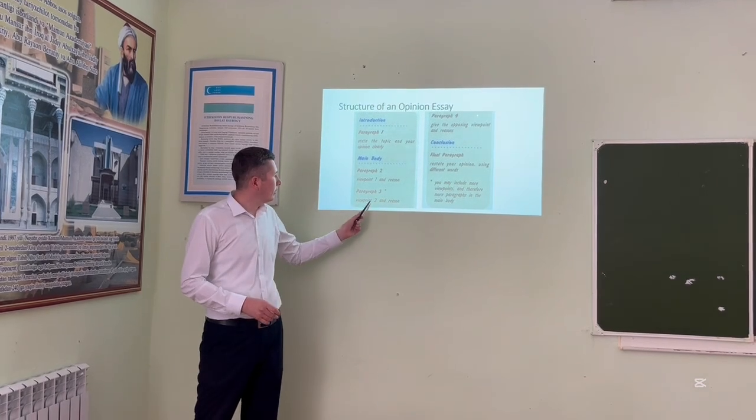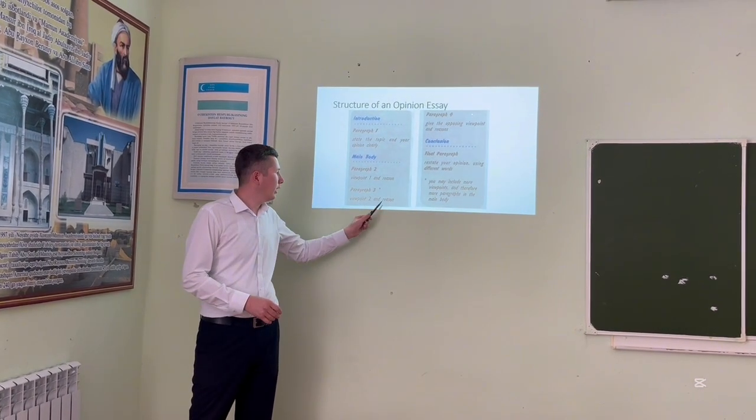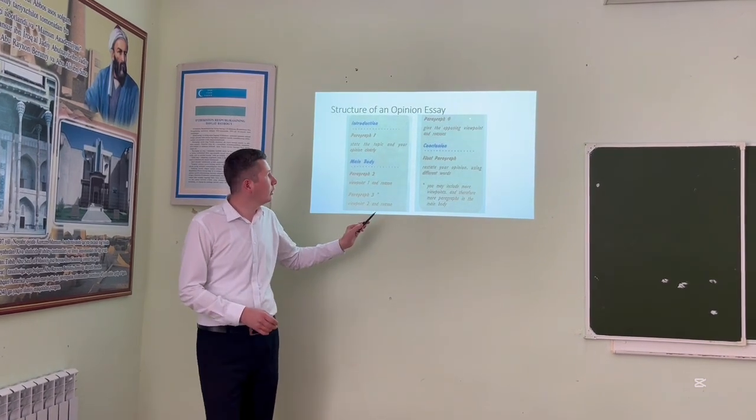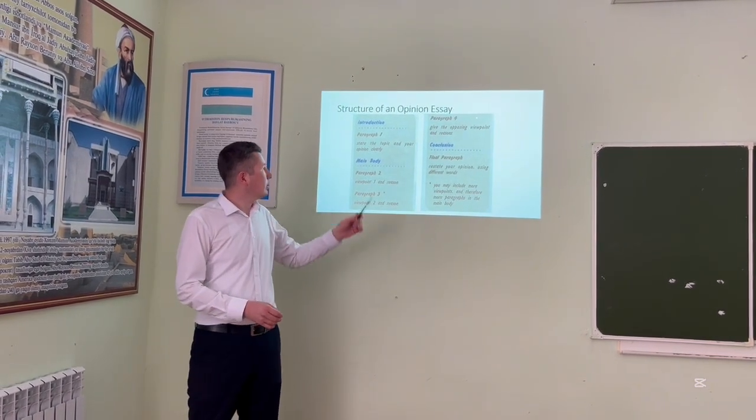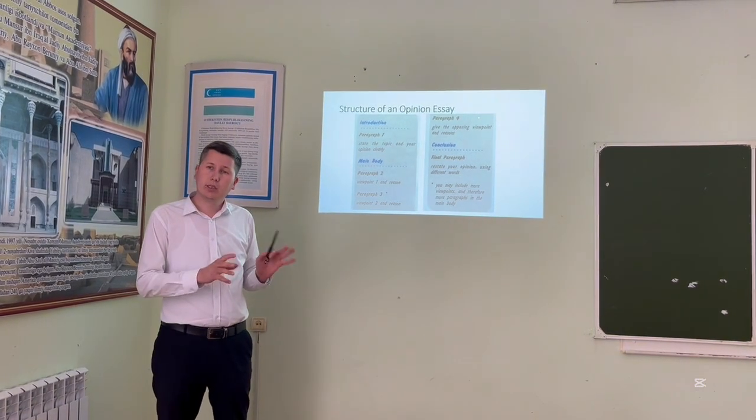Then, in the next paragraph, you may give your next viewpoint. And then you should write reasons as well. And in the next paragraph, you may give the opposing viewpoint on the given topic.